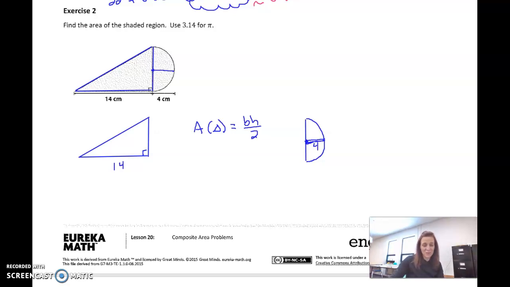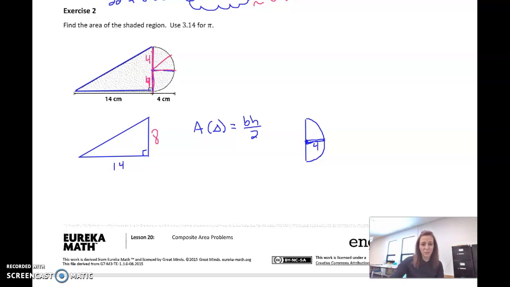So if I know this is 4, that also means that anywhere is 4, including this right here. That's 4. And including this right here, that's 4. So if this is 4 and this is 4, guess what? This whole thing is 8. Knowing that definition of radius really helps here.